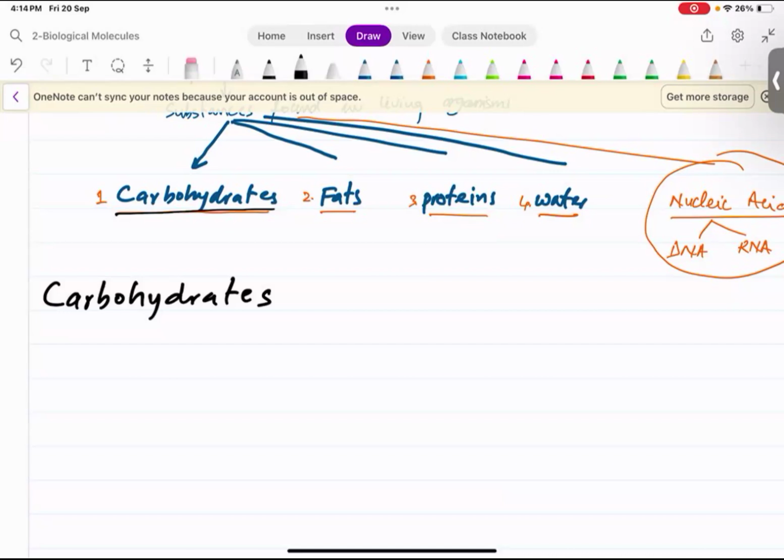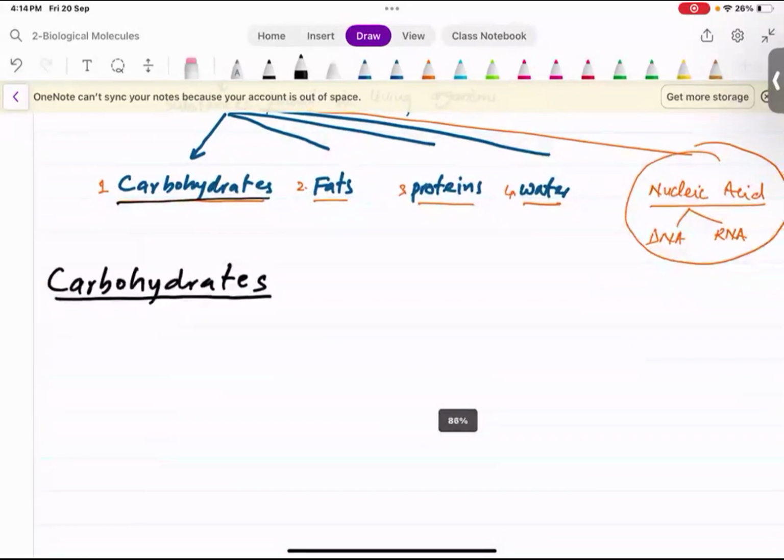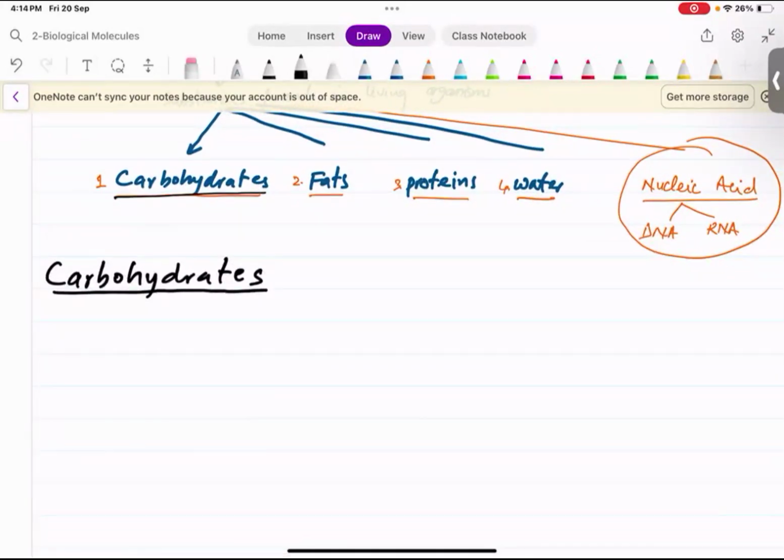Can somebody tell me what does carbohydrate mean? You have done that in your O levels. Sugars are called carbohydrates. Yes. Starch is a carbohydrate. Glycogen is a carbohydrate. Okay.